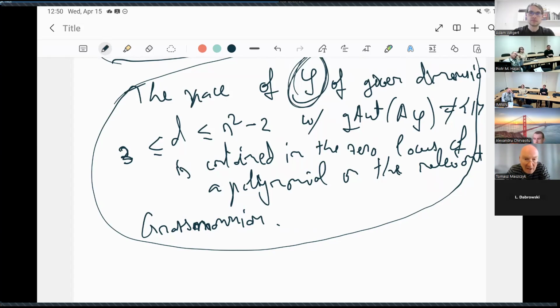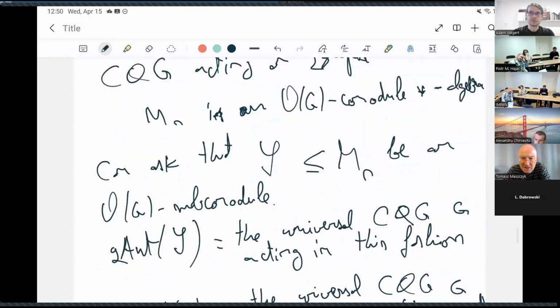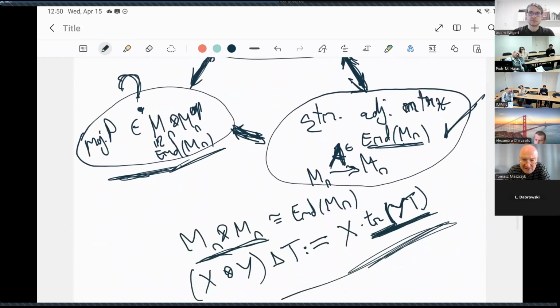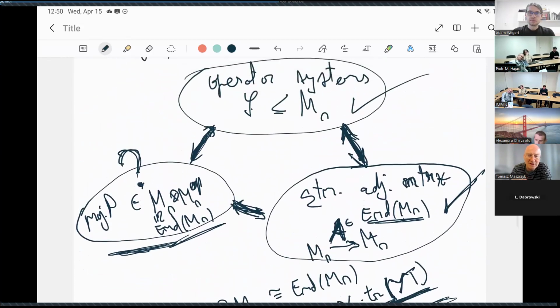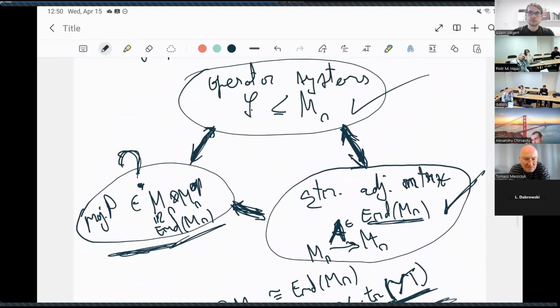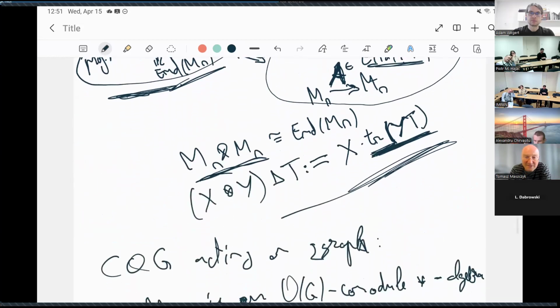So this is one comment. Could you come back to the slide with this triangle of equivalences? Yes, this. So this relation between A and P. Could you show the line below? The line, yes. So this identification of Mn tensor Mn with endomorphisms of Mn is not an algebra map. Right.